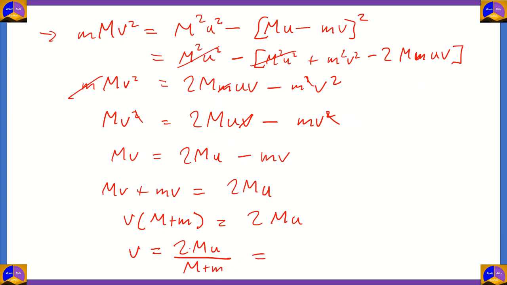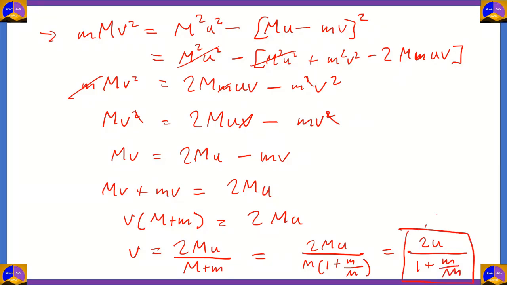So we take M common out from the denominator, so you get 2 M u divided by M times 1 plus m divided by M. So therefore the expression for v, that is velocity of the second body, will be 2u divided by 1 plus m by M. So this is the correct expression for v.